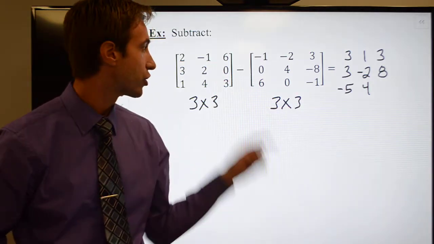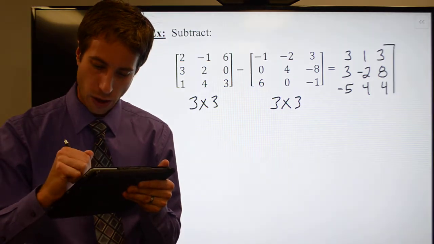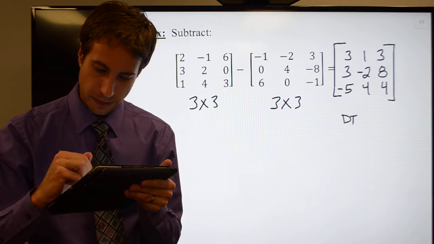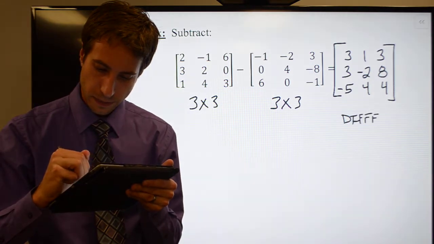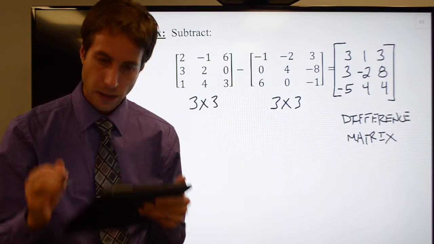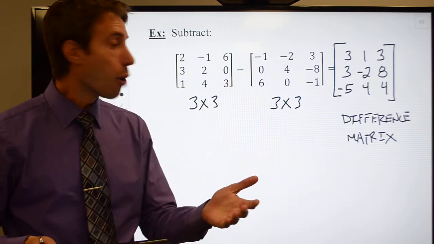Add a line, change the sign. 3 plus 1 should also be a 4. Put that guy in a bracket, and I have my difference matrix. Okay, no problem with those.